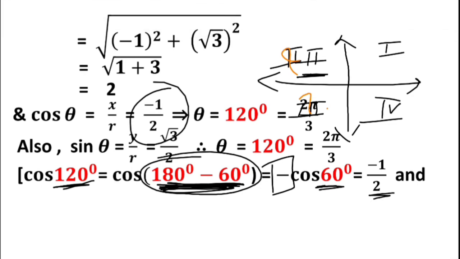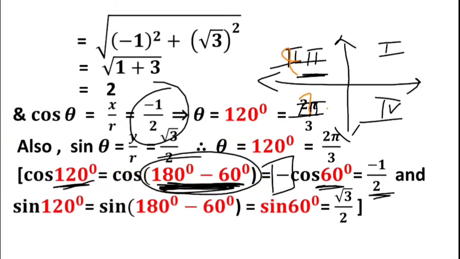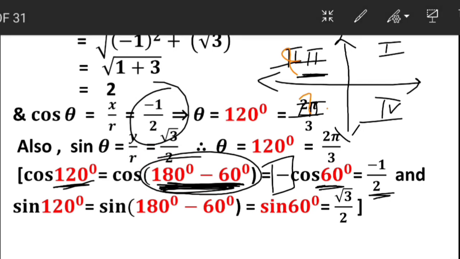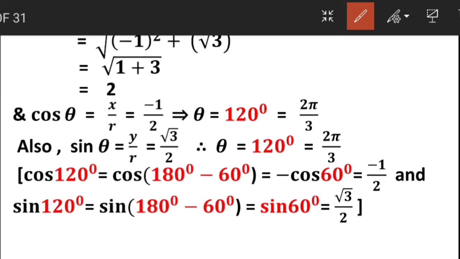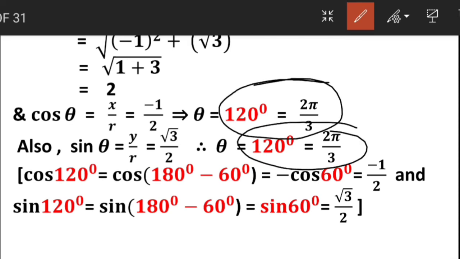Again, sin of 120 degree is equal to sin of 180 minus 60, that is nothing but sin 60 degree, because in the second quadrant sin is positive, so it becomes sin 60 degree, and that is root 3 by 2. So theta is 2 pi by 3, that is 120 degree. Theta is fixed at 120 degree for sin, cos, tan.